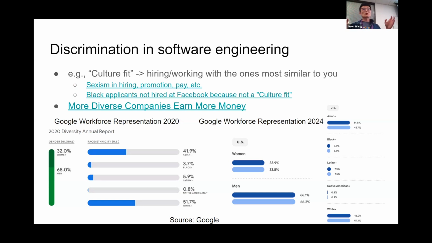Those ideas are still prevalent and often discriminatory and exclusionary. There are some links here if you want to read more about them. They're a little bit out of date, but I think they are still relevant in terms of the general ideas they cover.